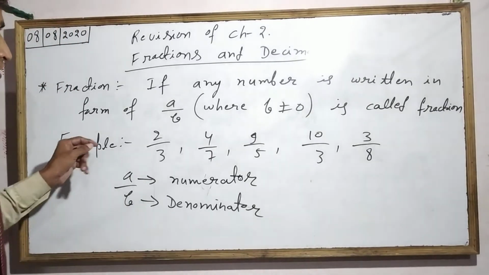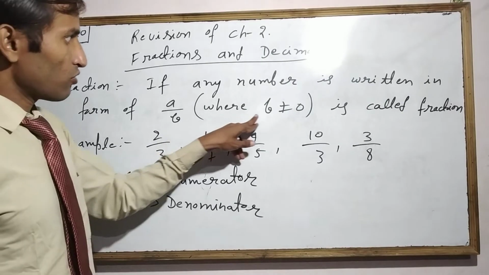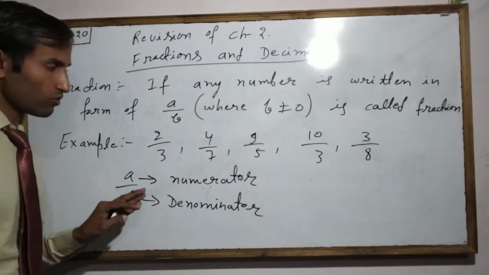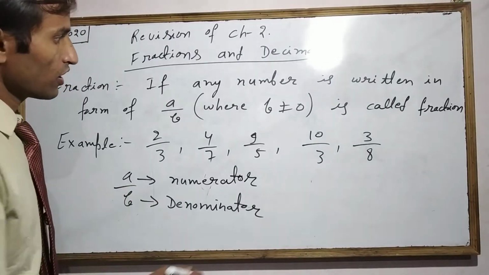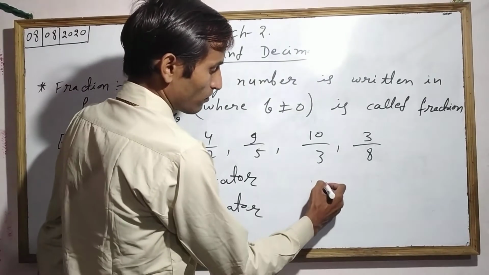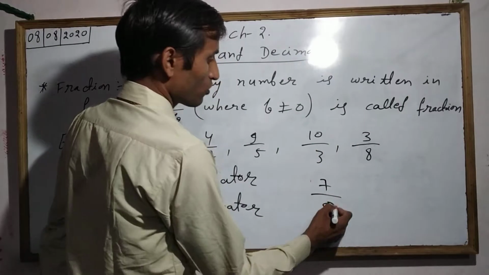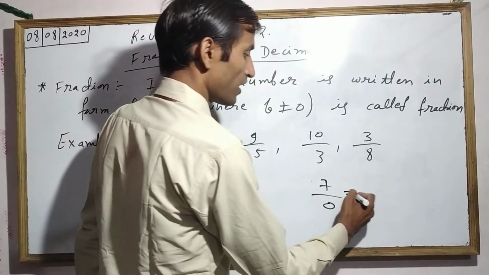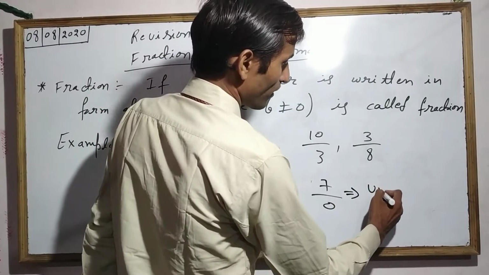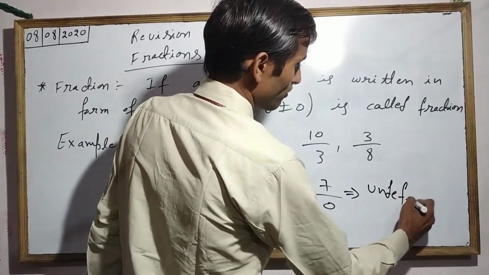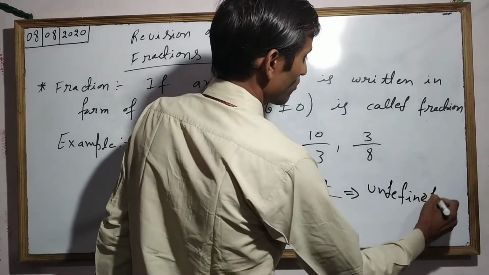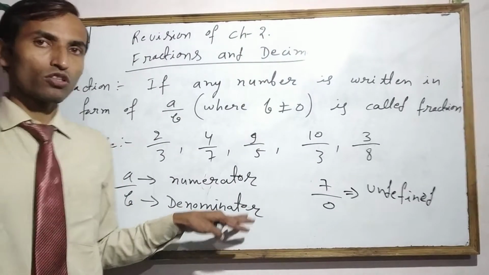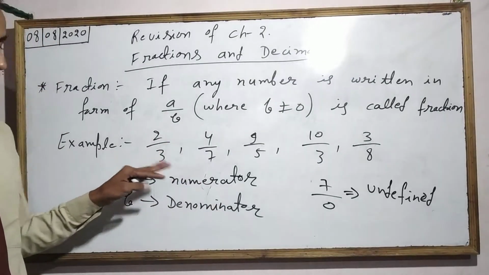Now just you see here b is not equal to 0, means b should never be 0. If you put 7 upon 0, it is not a defined value, an undefined value. So just write down here, undefined value. Never will the denominator be 0, but the numerator can be 0.